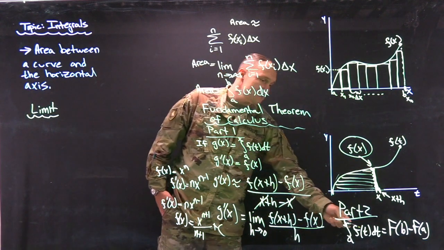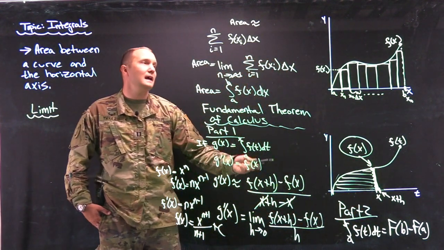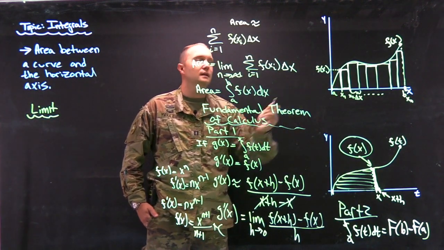So this is then how we can get to an exact answer for the area between f of x and the horizontal axis.